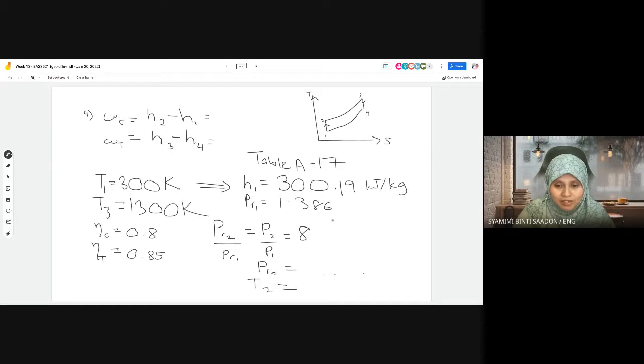So 1.386 multiplied by 8, you get around 11 for PR2.